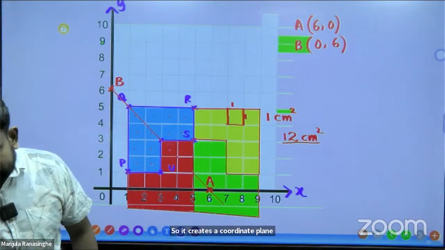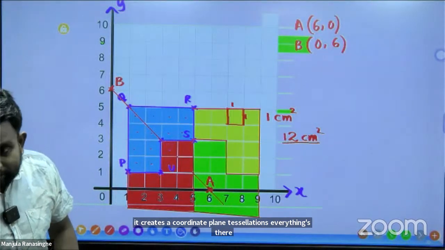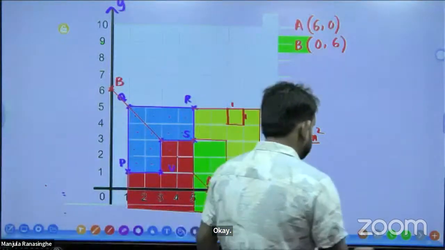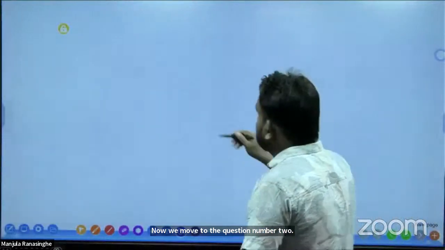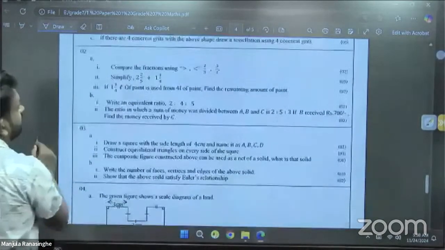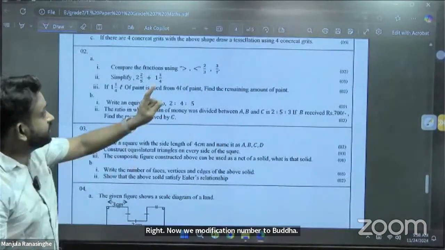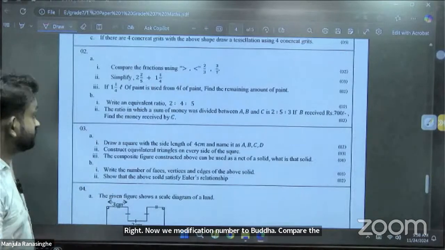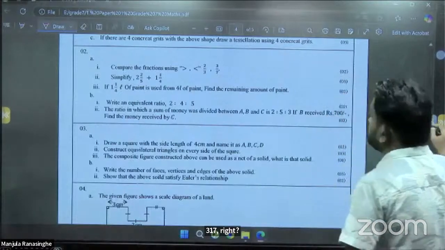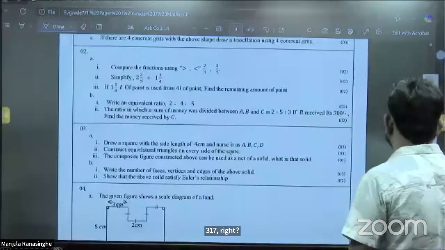Okay. Now we move to question number 2. Compare the fractions 2 upon 3 and 3 upon 7.